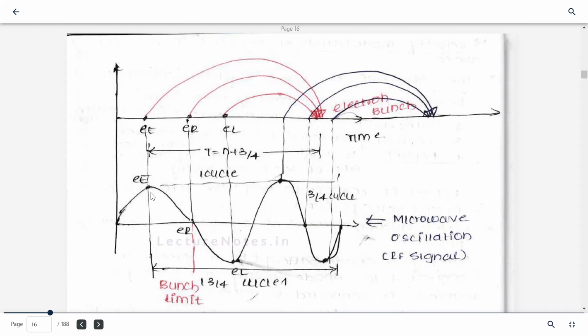Bunches occur once per cycle, and these bunches transfer maximum energy to the gap to get sustainable oscillations.